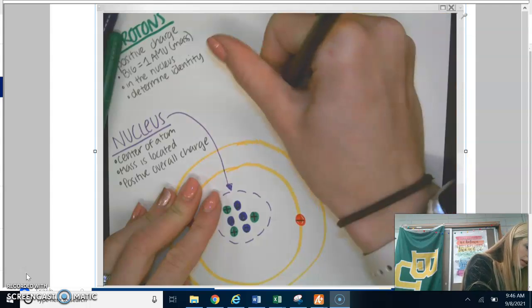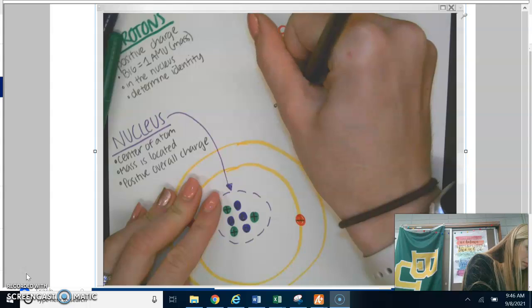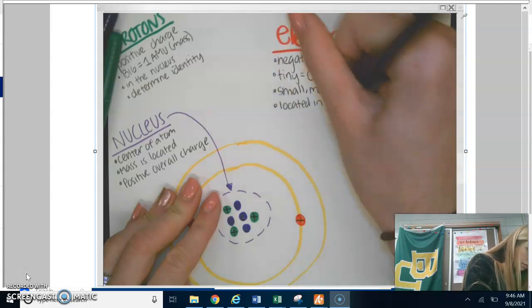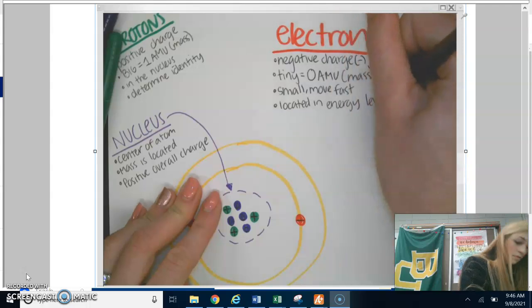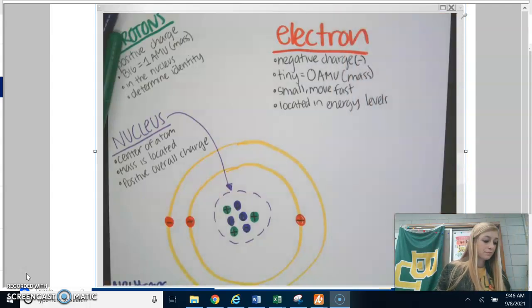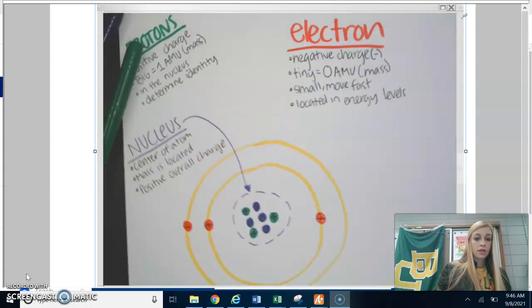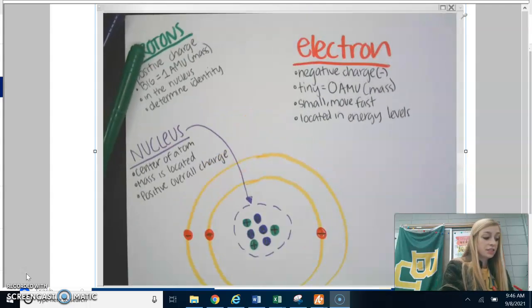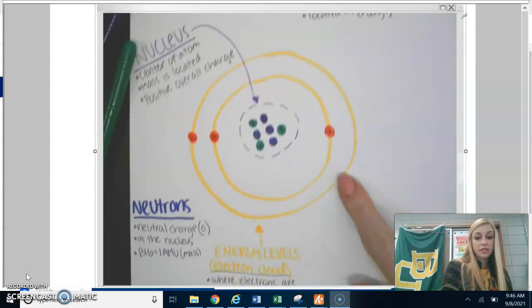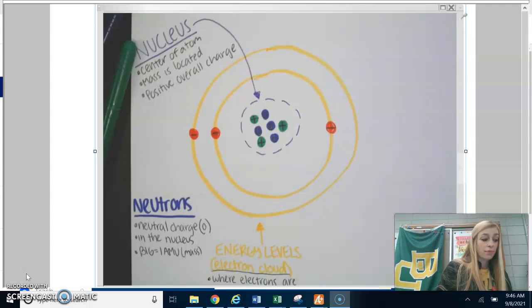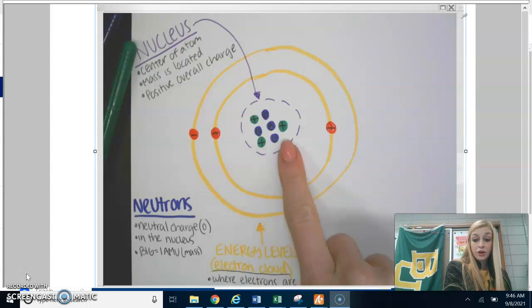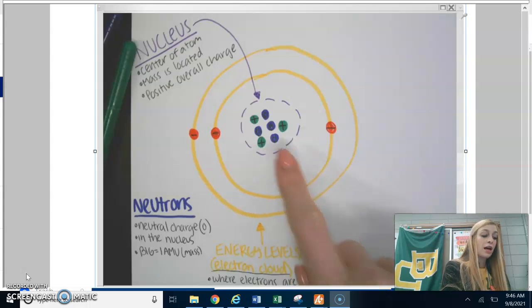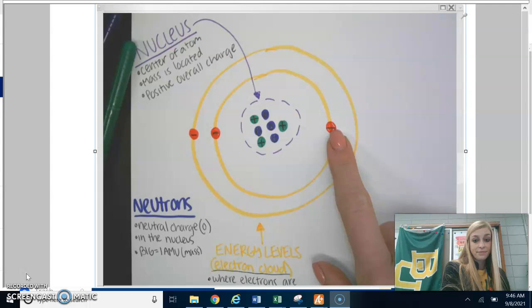And they're located in the energy levels. So, 2 locations, the nucleus, the energy levels. 3 subatomic particles. Protons, which are positive, neutrons, which are neutral, electrons, which are negative.